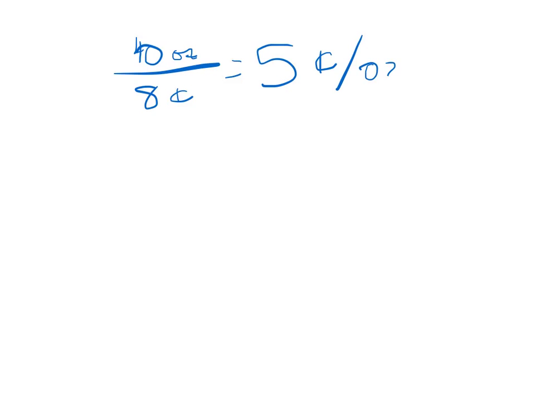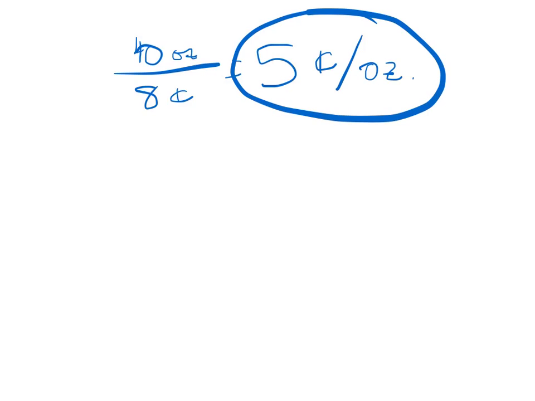Alright, going on to example 2. Before we do that, one thing I did want to point out on the last one is we can also figure out just a per ounce cost, and that wouldn't matter if I did 40 and we had ounces over 8 cents. 40 divided by 8 I know will be 5, so 5 cents per ounce.